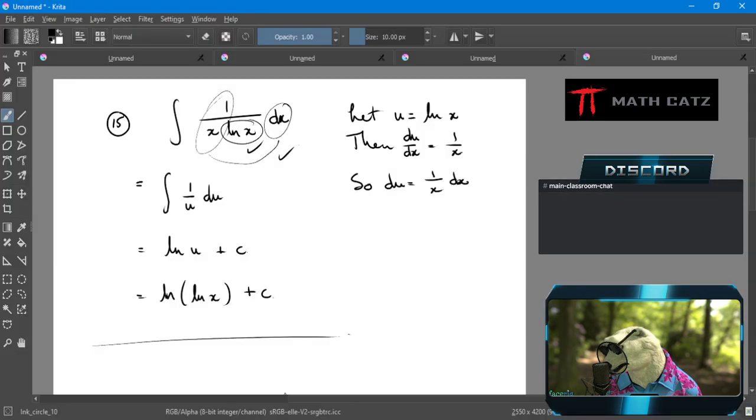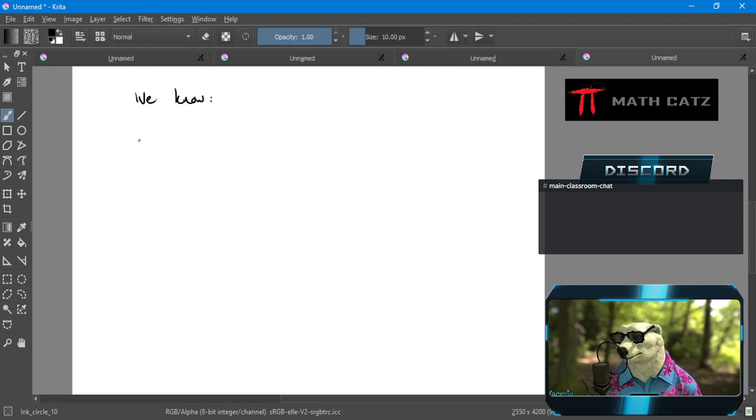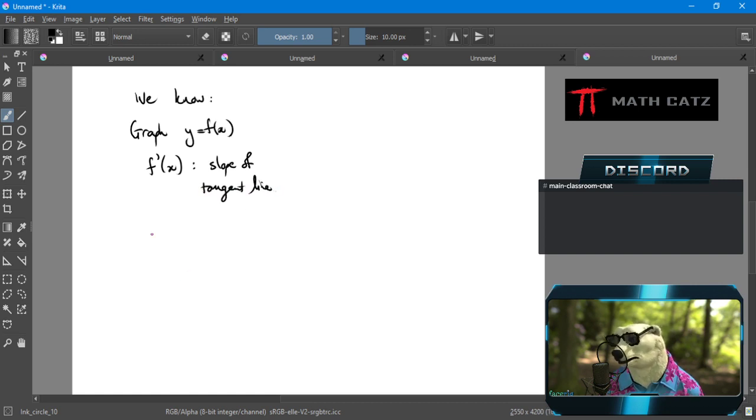Let me paint the picture here perhaps. Just like when we looked at the derivative, we know that if we have a graph, let's suppose we graph our function, then the meaning of the derivative is the slope of the tangent line at some x value.